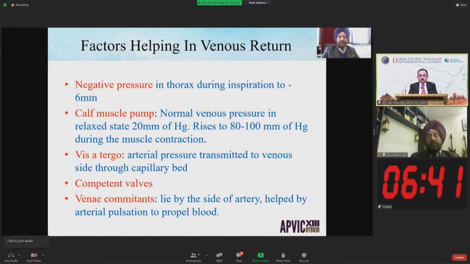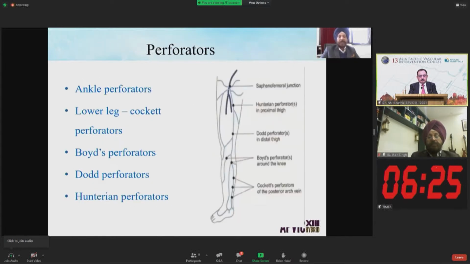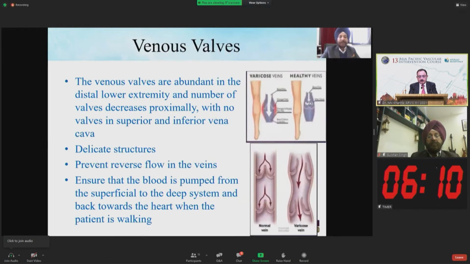Another is arterial pressure transmitted to the venous side through the capillary bed because of the competent valves, and another is the vena comitans lying by the side of the artery, helped by the arterial pulsation to propel blood. The perforators are ankle perforators, in the lower leg Cockett perforators 1, 2, 3, the Boyd perforator below the knee, and Dodd perforators and Hunterian perforators in the thigh.